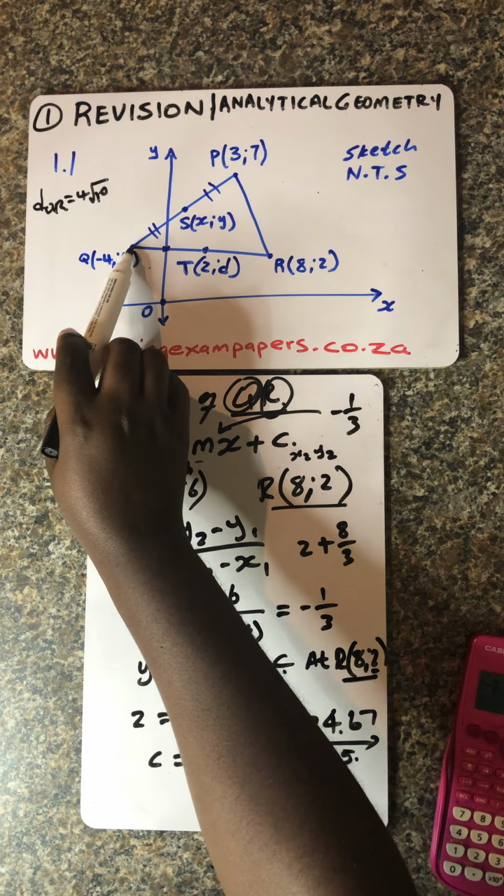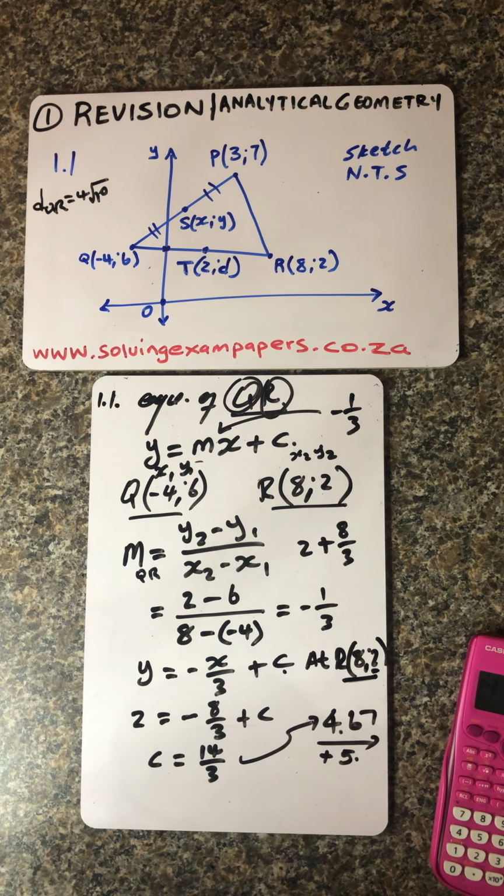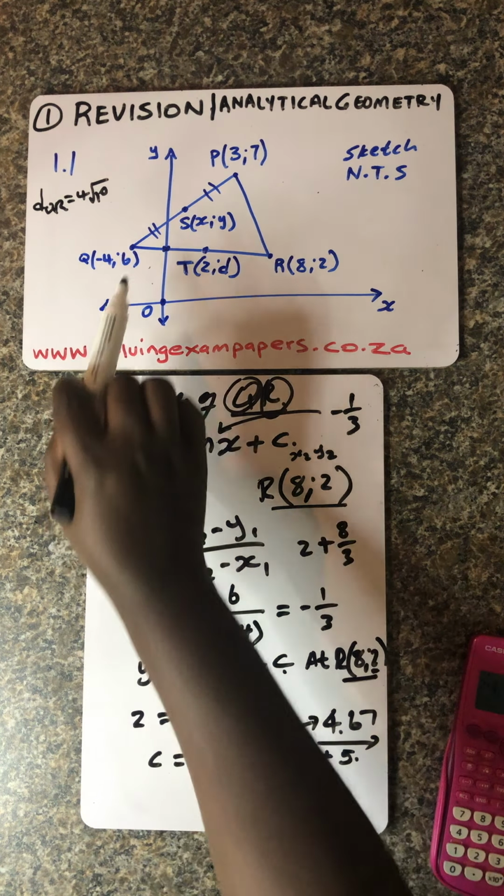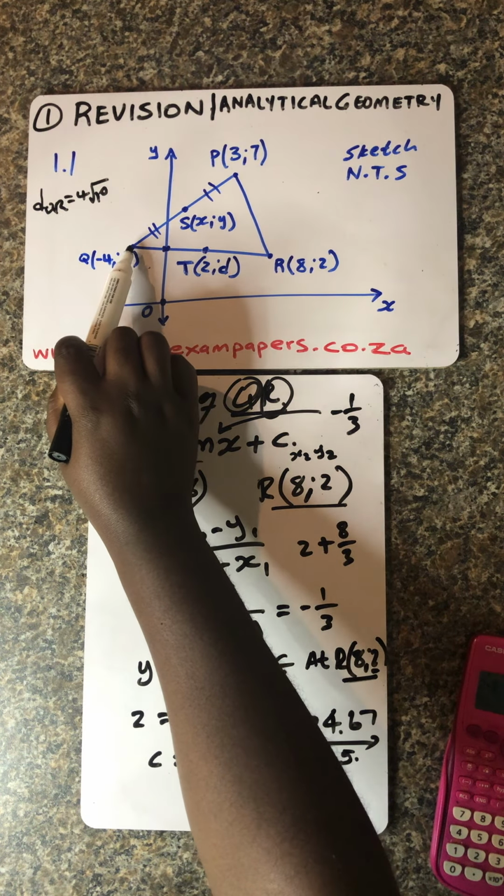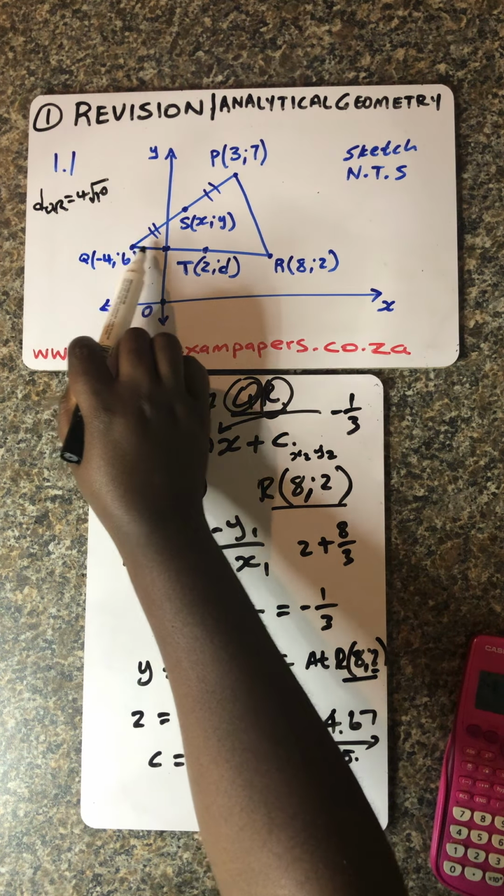So obviously it's closer to 5. That point over there, the y value is 6, and that point over there, the y value is 2. So it just has to be a positive number, and again between 6 and 2. Very, very important.